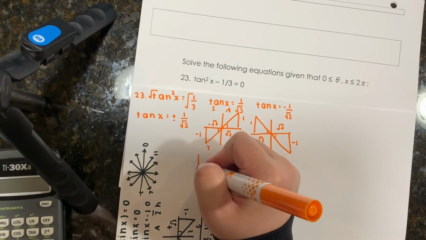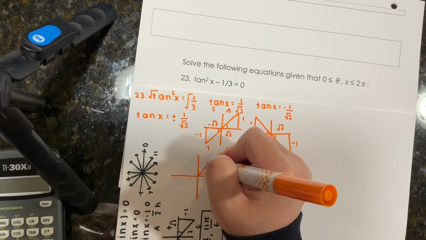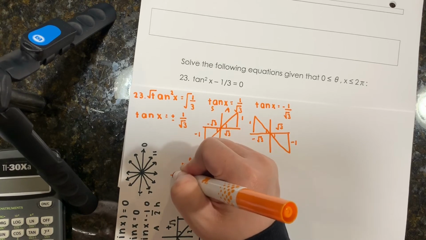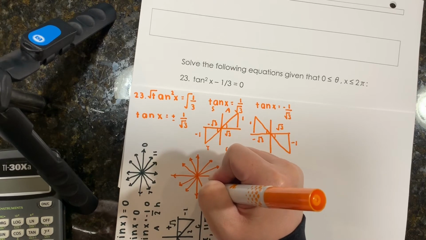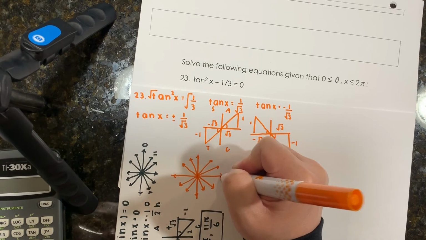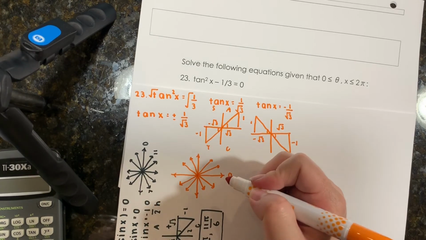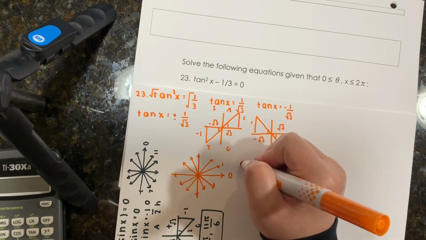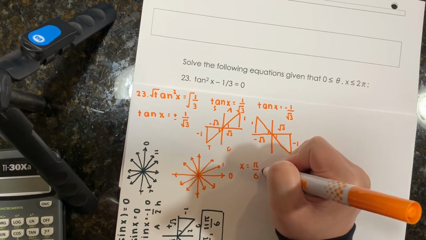So I'm going to draw my snowflake chart again, just like the last one. It'll be 1, 2, 3, 4, 5, 6, 1, 2, 3, 4, 5, 6. And we're always counting to the line closest to the x-axis. So for quadrant 1, starting at 0, this would be 1. So my first answer is going to be pi over 6.